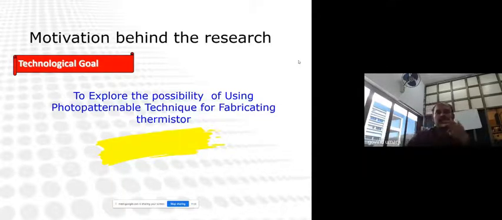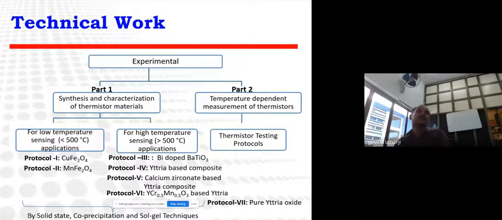So we can use this thermistor on the blade of that fan, which was the initial thought for using this technology, and we decided to develop two kinds of thermistors.